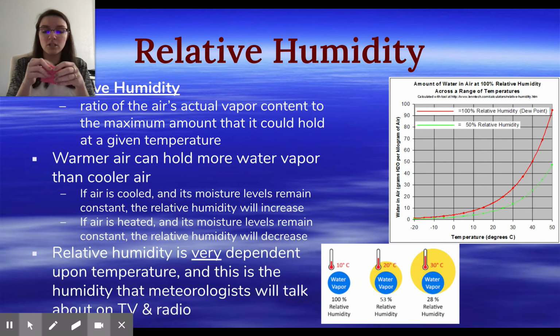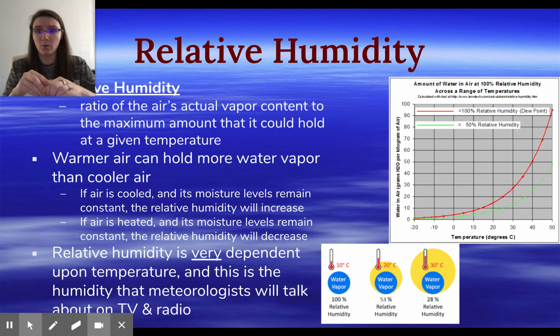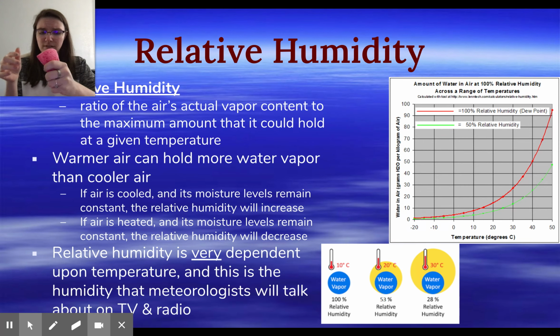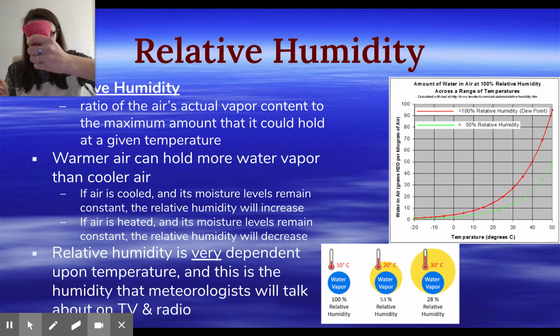If this sponge is curled up real tight, I'm closing a lot of those pore spaces. There's not a lot of room to move around. This is colder air. If I dip this sponge that's all curled up into water, it can't hold as much. When I let it out now, there's not nearly as much water in it.